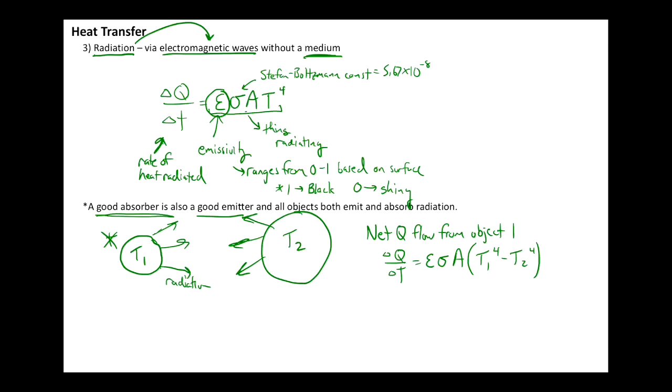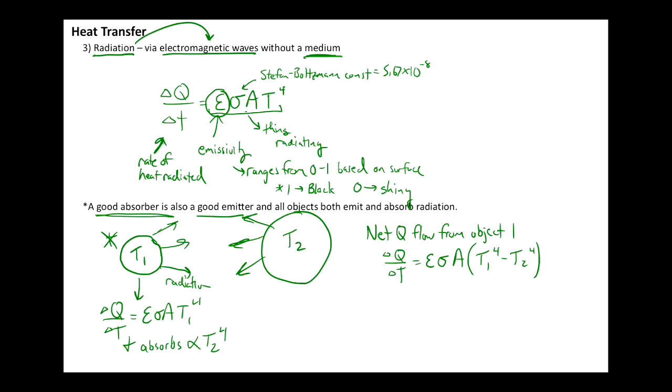for this one, dQ dt is essentially just equal to epsilon sigma A T1 to the fourth. And it absorbs proportional to T2 to the fourth, because what it's taking in is about how much the other thing is radiating. So we have to combine both of those, how much it's giving off minus how much it's receiving.